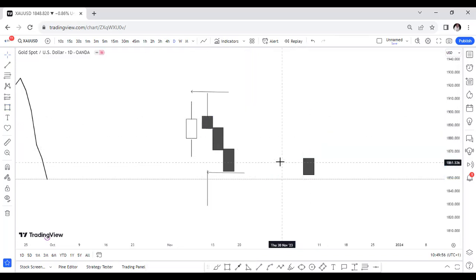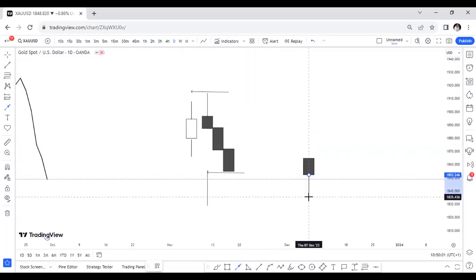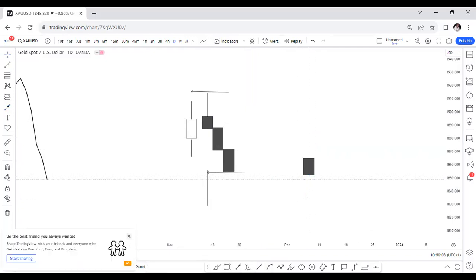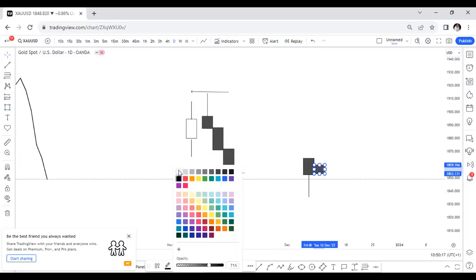For bearish engulfing, you may have that as a shorter body with a long wick. Then you may have this like this.